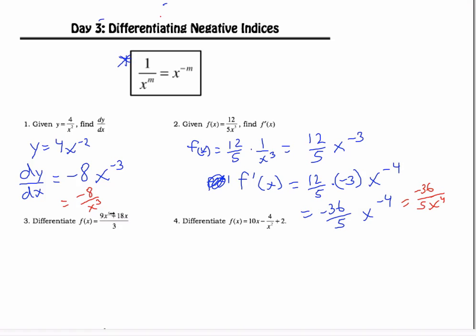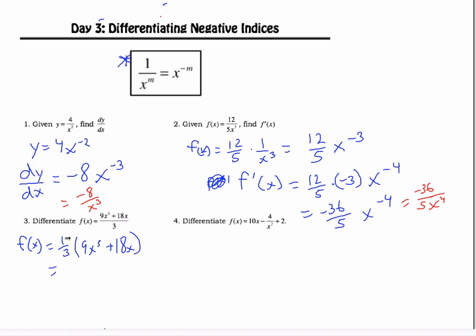Okay, in the next example, we've got 3 here in the denominator, so we want to make it look more like a polynomial that we already know how to differentiate. What you can do in this case is consider this to be the same as a third times 9x to the power of 5 plus 18x.